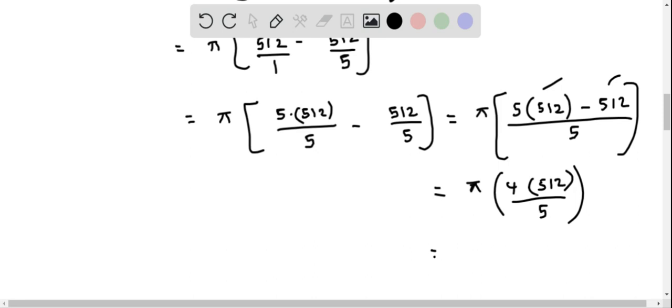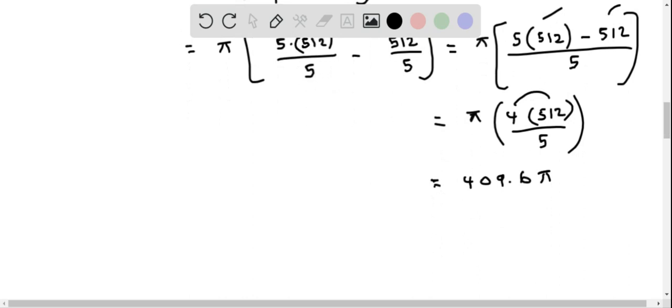And so this gives 4 times 512 equals 2048. And then dividing that by 5, we get 409.6 pi.